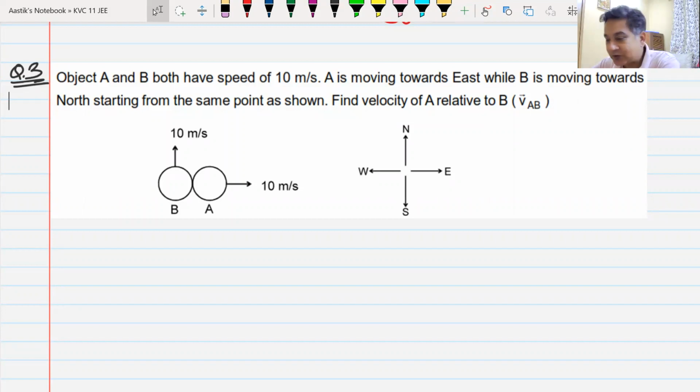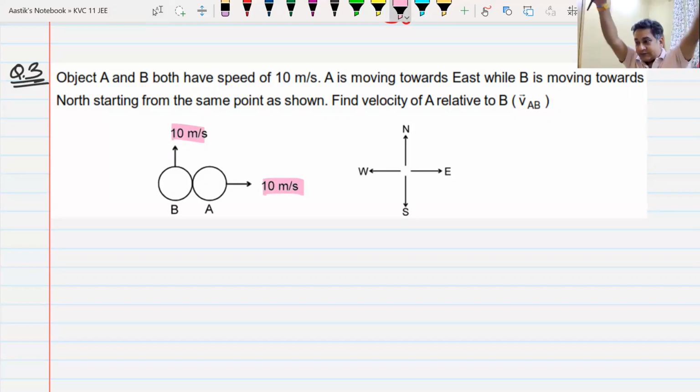Great. How did you get 0, beta? Who got 0? Velocity of A minus velocity of B. Well done. So this is 10, this is 10, 10 minus 10 is 0. Yes or no? Everyone got this answer?